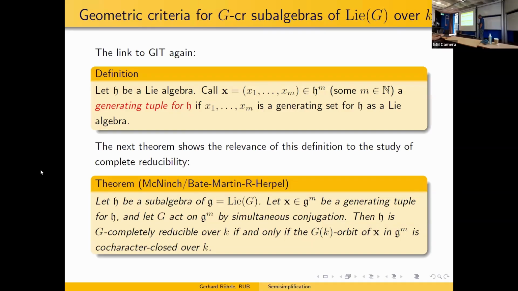Then this subalgebra is G completely reducible in this algebraic sense, meaning that if it lies in the Lie algebra of a K-defined parabolic, it is in the Lie algebra of a K-defined Levi subgroup, if and only if the rational orbit, the G(K) orbit of this point, is closed. I can use exactly the same technique for that.